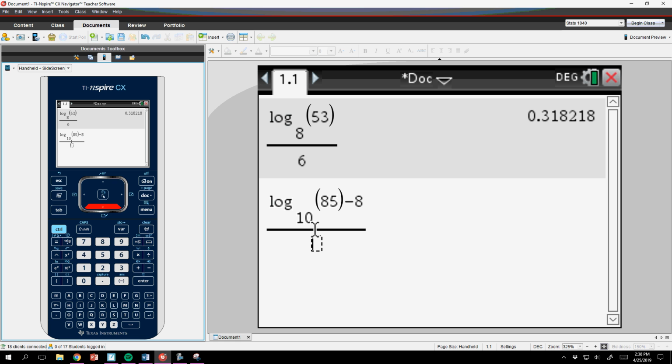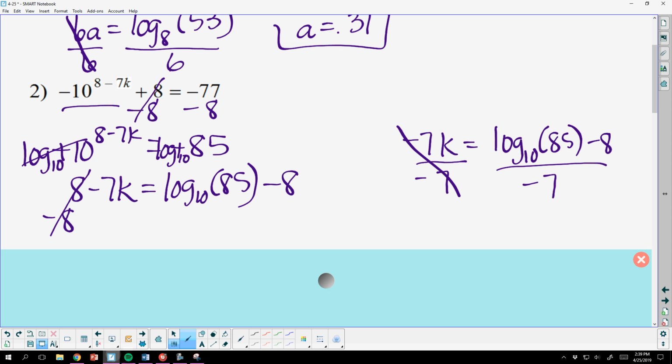Divide by negative 7, right? You need to do the fraction button first, so control divide first, or you would need to enter the parentheses, okay? Anyway, so k equals 0.86, right?